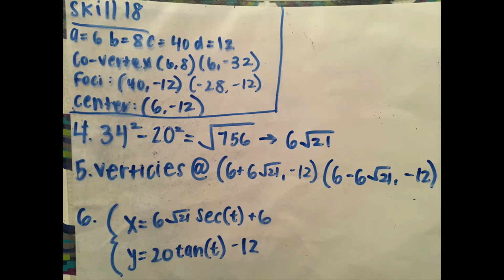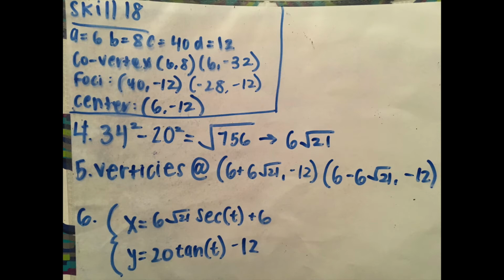This ended up being 34 squared minus 20 squared, which is equal to the square root of 756, which simplifies to 6 square root 21. Next, I knew that my vertices would have the same y value as my center, and you just have to add and subtract the value found in the previous step. And so after doing this, I got my vertices to be at 6 plus 6 square root 21, comma, negative 12, and 6 minus 6 square root 21, comma, negative 12.